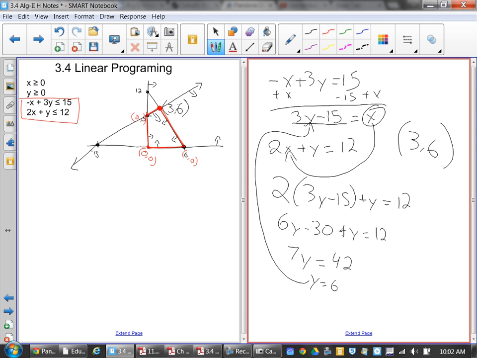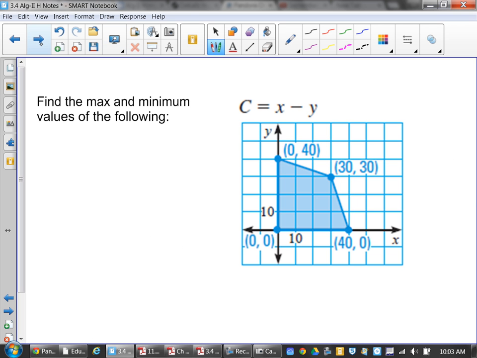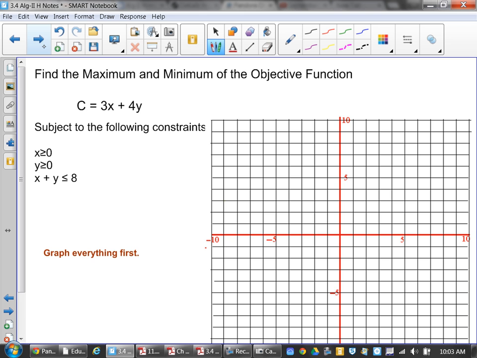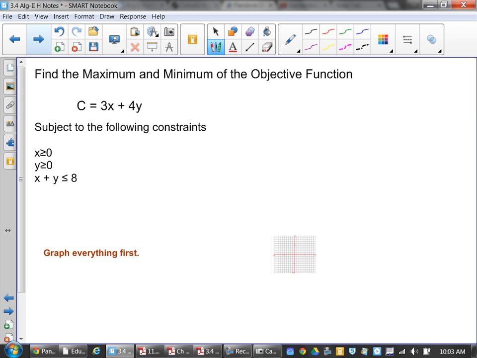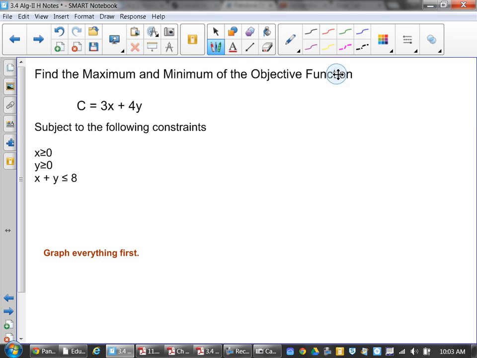So that means we can do the following. We're going to use what's called a constraint. We're going to find the maximum and minimum of the objective function given to us, where c equals 3x plus 4y.